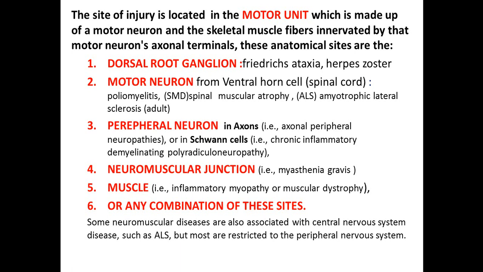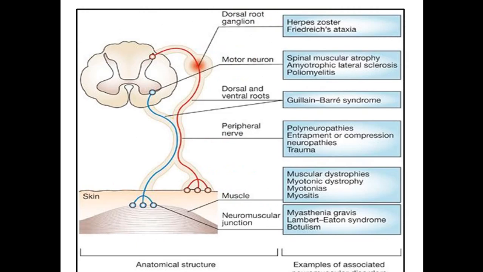In axon pathology, usually there is axonal peripheral neuropathy. In Schwann cell pathology, as in chronic inflammatory demyelinating polyradiculoneuropathy. It may involve the neuromuscular junction, as in myasthenia gravis, or the muscle, as in inflammatory myopathy or muscular dystrophy, or any combination of these. Sometimes there are associated CNS findings.